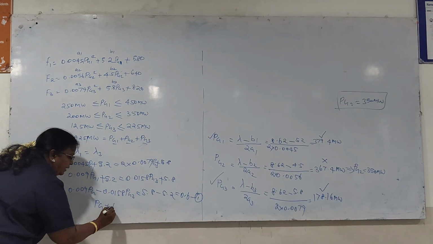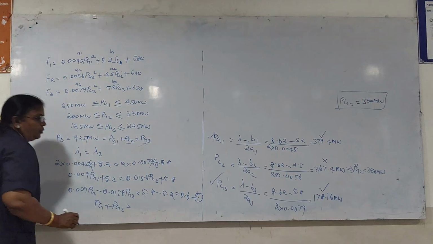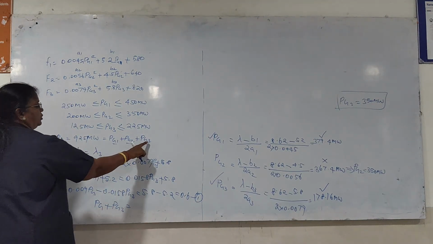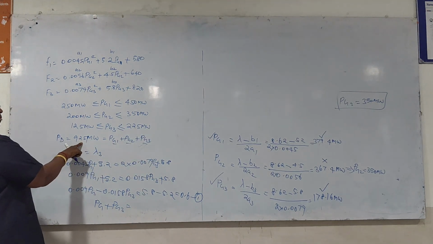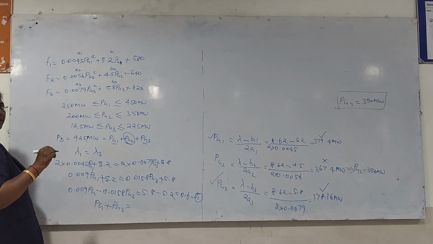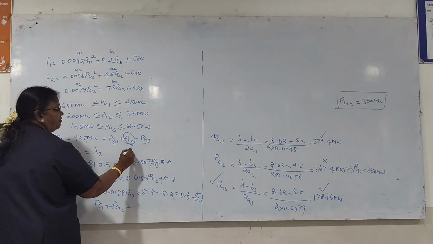PG1 plus PG2 plus PG3 has to give the total, 925. Already we fixed PG2 as 350.